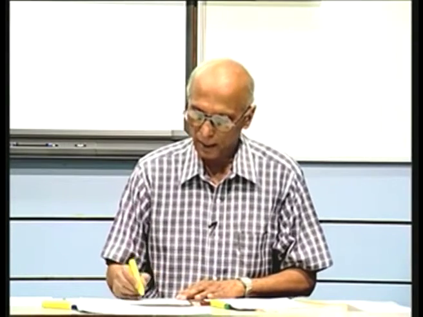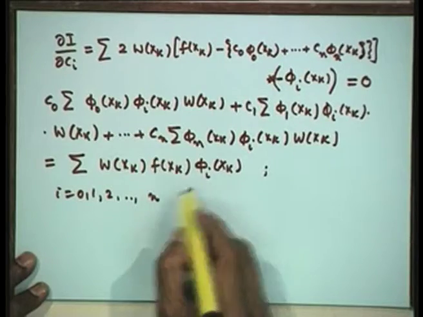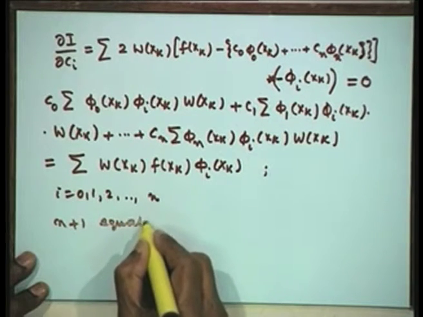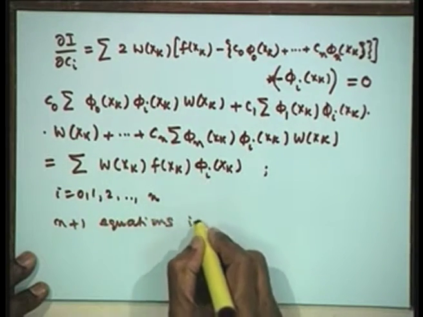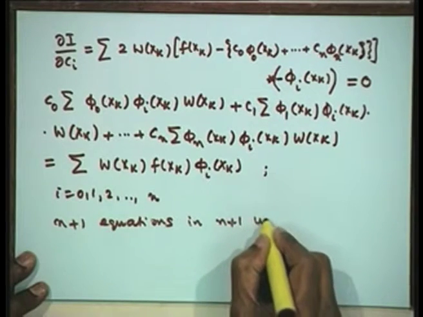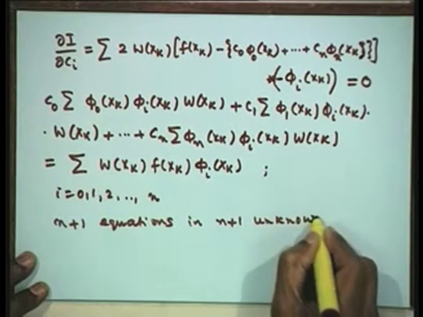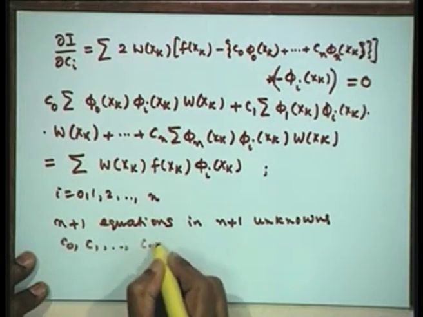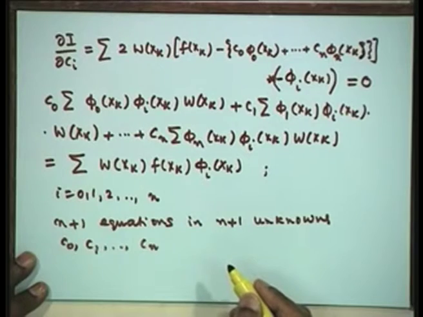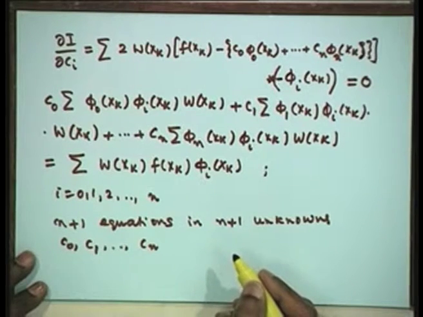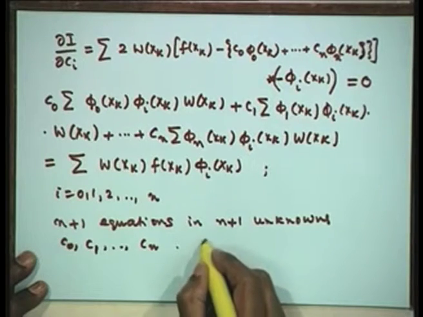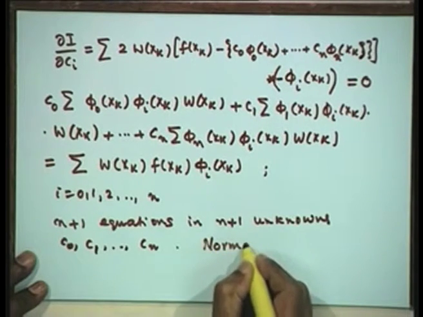Now, these are n plus 1 equations in n plus 1 unknowns, C naught, C 1, C 2, C n, and these are called the normal equations.